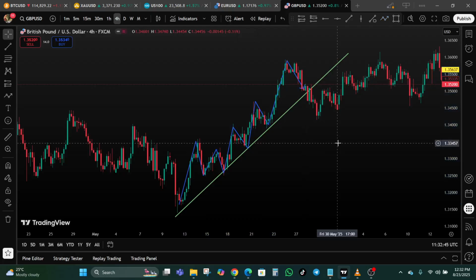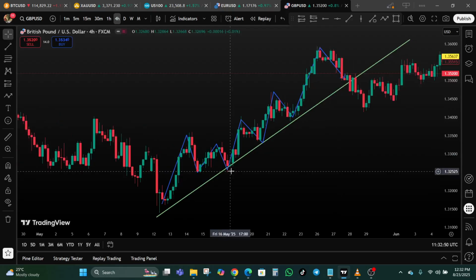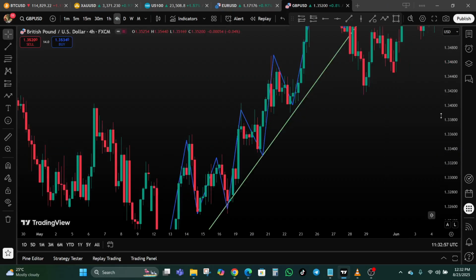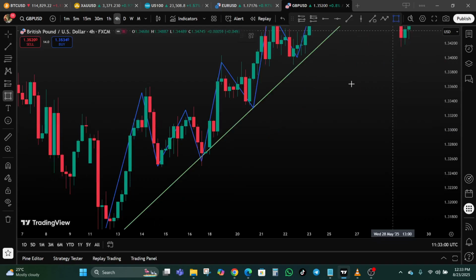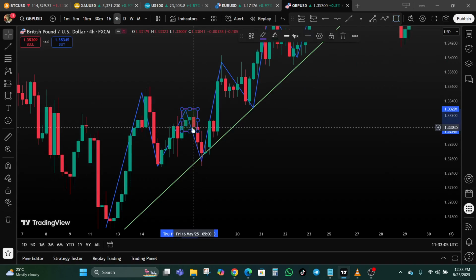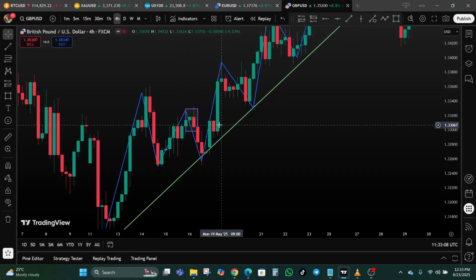Now, as a counter trend trader, you can also be looking out for reversal candlestick patterns within the trend. You can look at what happened here. You can see this bearish candlestick pattern we had here. So in as much as this is a bullish trend, this pattern shows that there's a temporary change in momentum.